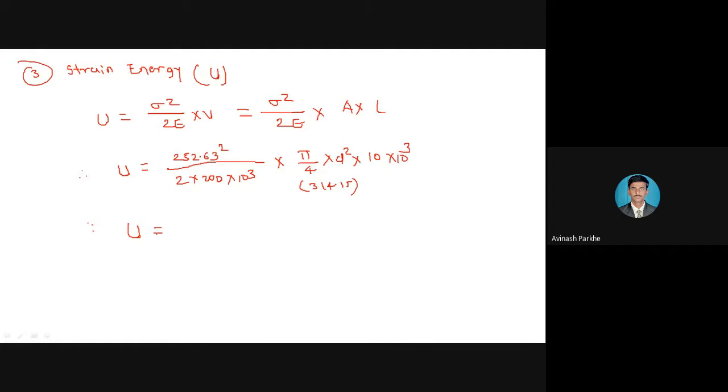So you will get the strain energy stored in that particular body. How much strain energy is stored? You do the calculations properly. Sigma square, don't forget to take the square of the sigma. 252.63 square divided by 2E, 2 into 200 into 10 raised to 3 into volume. So yes, 501.25 into 10 raised to 3 Newton mm.